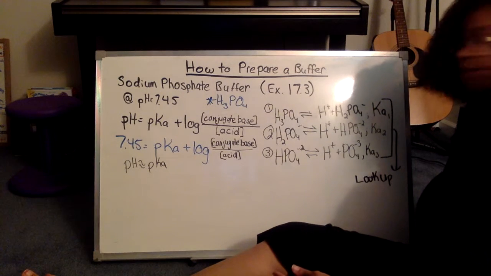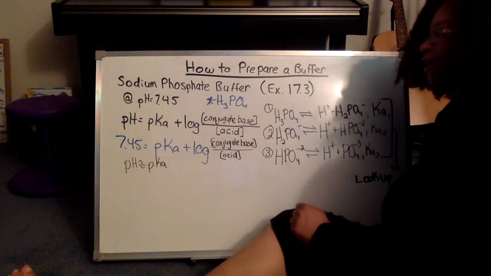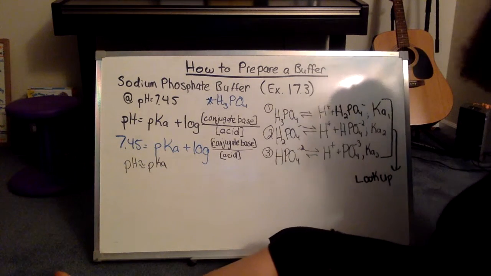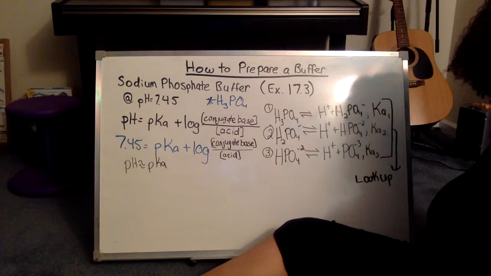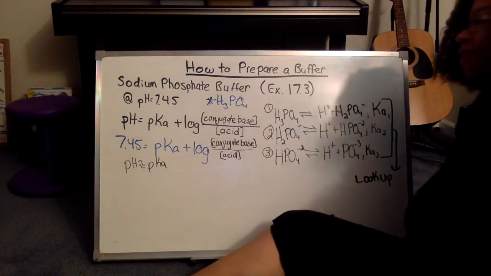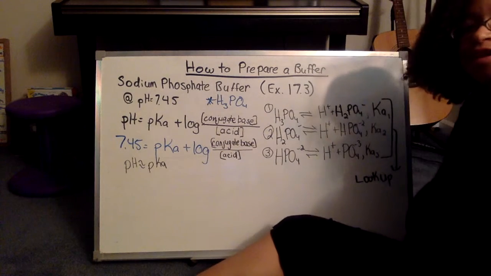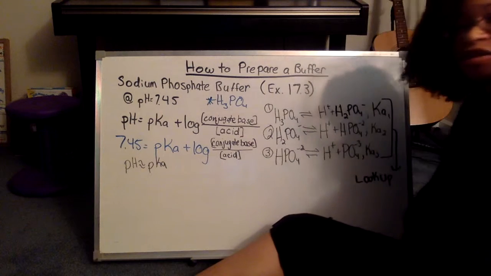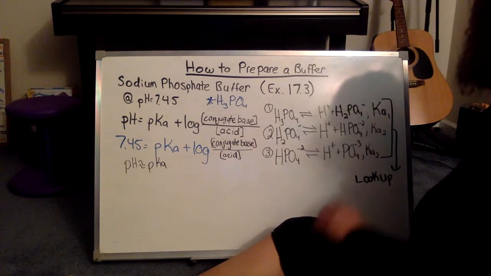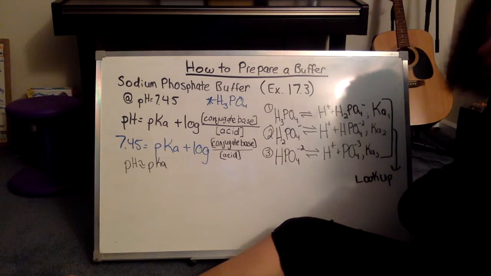So we could say our pH is about similar to pKa. So if we're mixing a buffer and we want it to be a certain pH, we need to start with a pKa value that's very close to the pH that we want to use. So that's why we need to look up these values to figure out which one is the best.